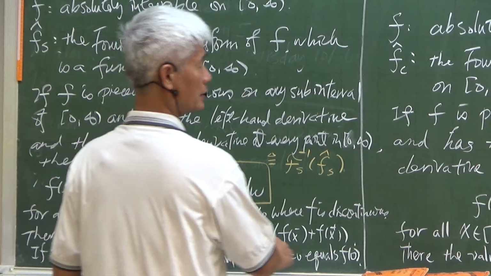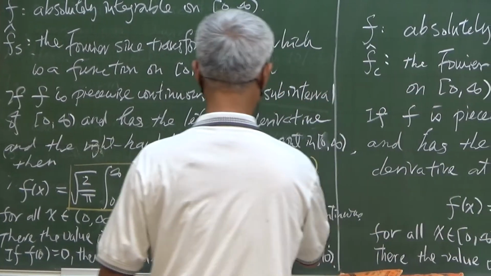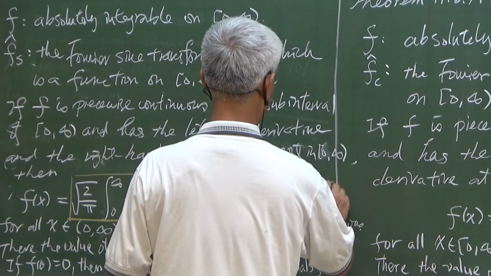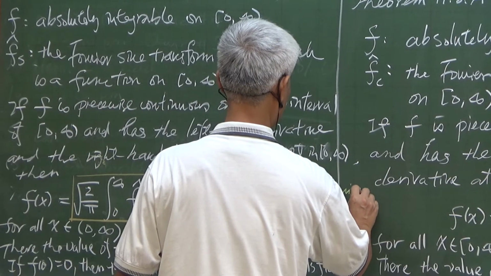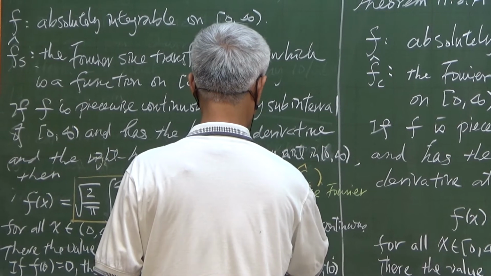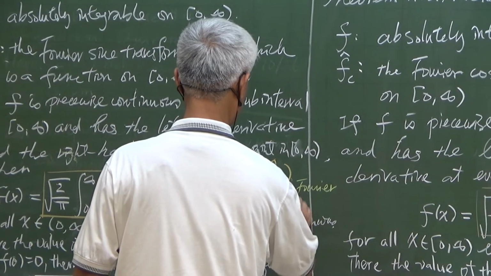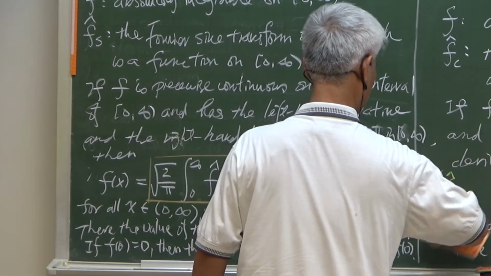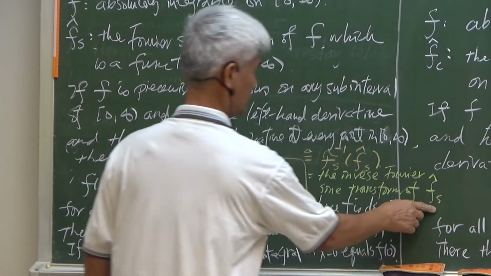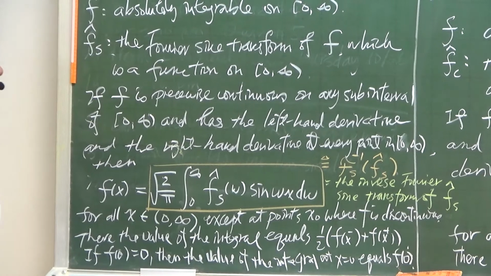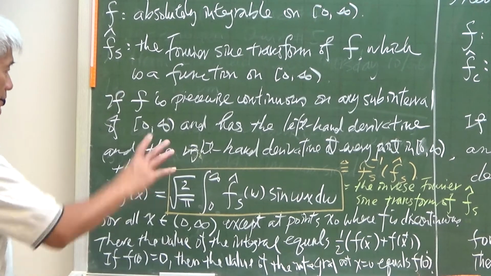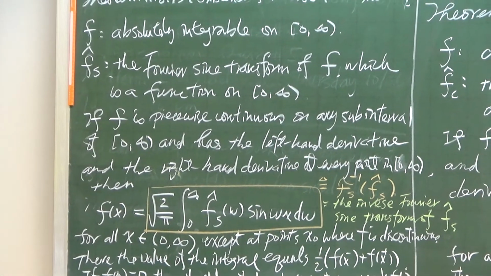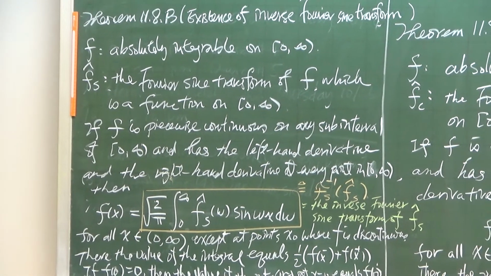It is called the inverse Fourier sine transform of f of x. So we get a parallel theorem. Okay, so that is it.